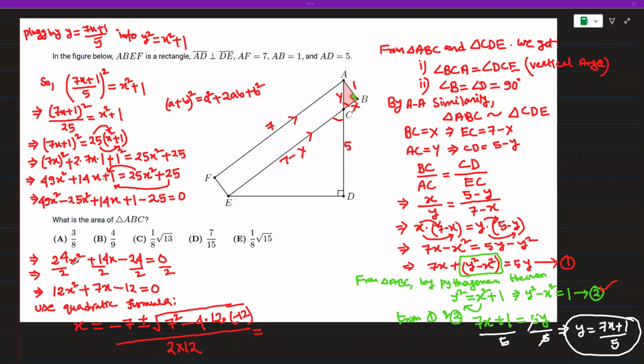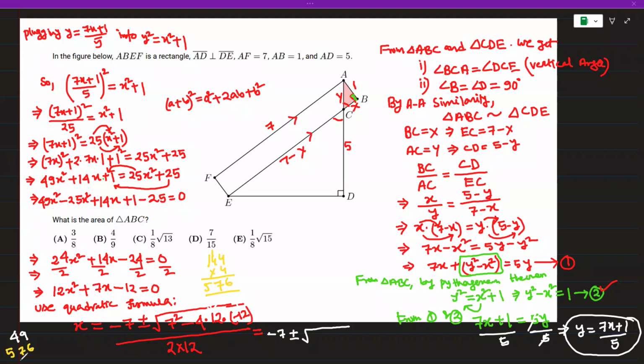Now if we simplify this, we get negative 7 plus minus the square root of 7 square is 49, and 12 times 12 will be 144, and 144 multiplied by 4 gives 576.